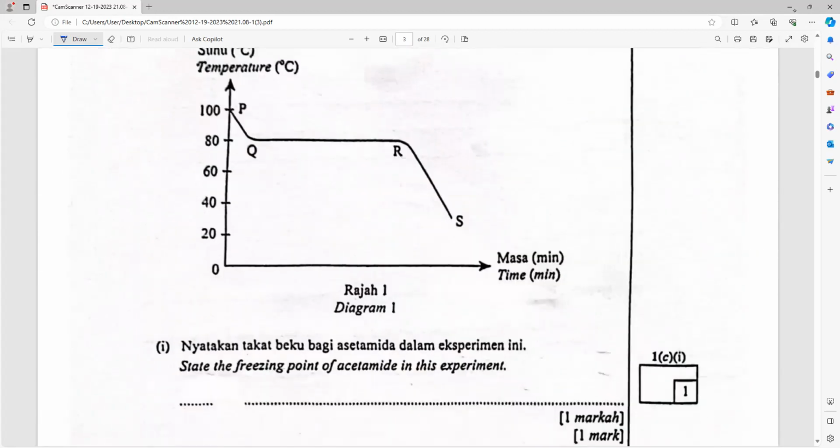What is the freezing point of acetamide? What's my freezing point here? 80 degrees Celsius. Correct. So you must have the full thing, 80 degrees Celsius. If you put only 80, 0 marks. If you put 80 degrees, 0 marks. It must be 80 degrees Celsius.